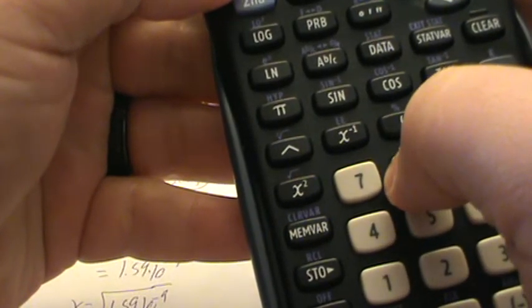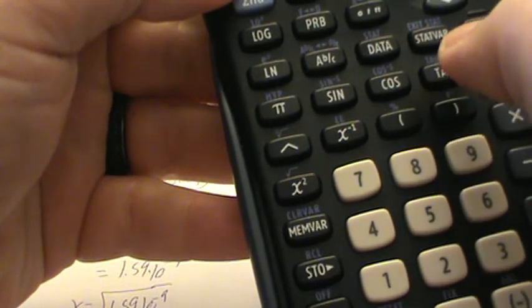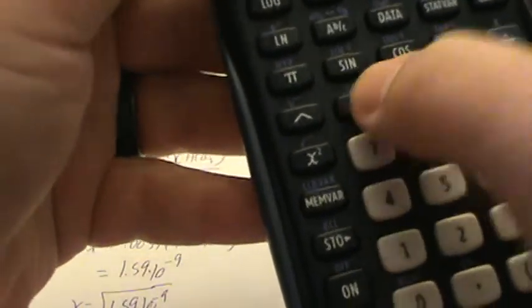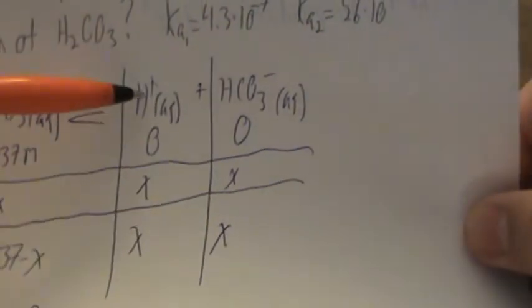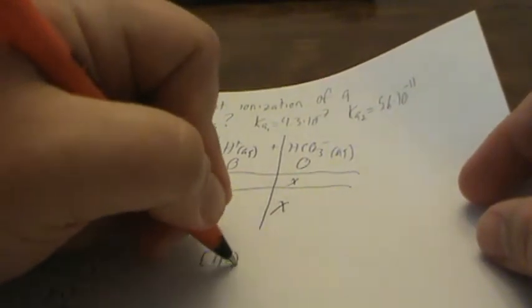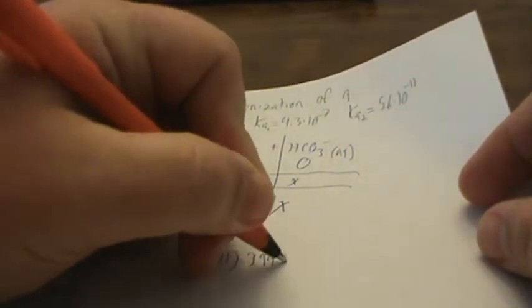All right, so x is equal to 3.99 times 10 to the negative 5th molar. So that is for our hydrogen ion. The hydrogen ion is equal to 3.99 times 10 to the negative 5th molar.